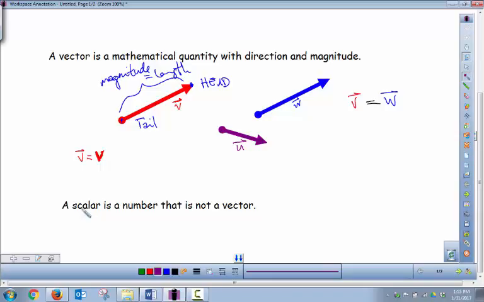So now that we have a vector, we're going to use the word scalar to represent a number. Okay? So whenever we hear the word scalar, think about that as just a real number.